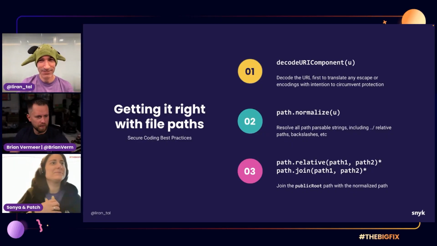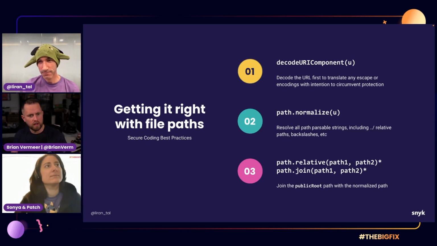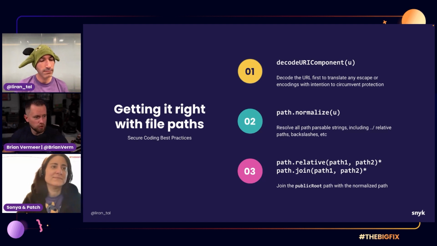I think this is something that is not specific to JavaScript. You see this in so many different languages, and we should be aware that path traversal nowadays is one of the biggest ones in many ecosystems, because it's relatively easy to either escape it with a percent notation, or in some cases it just doesn't get checked because we're not aware of it.